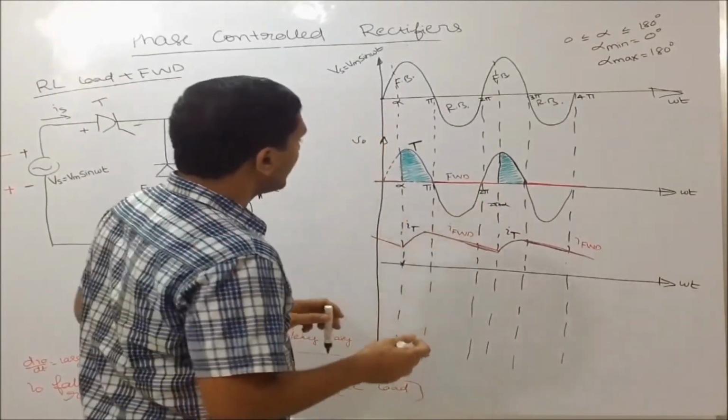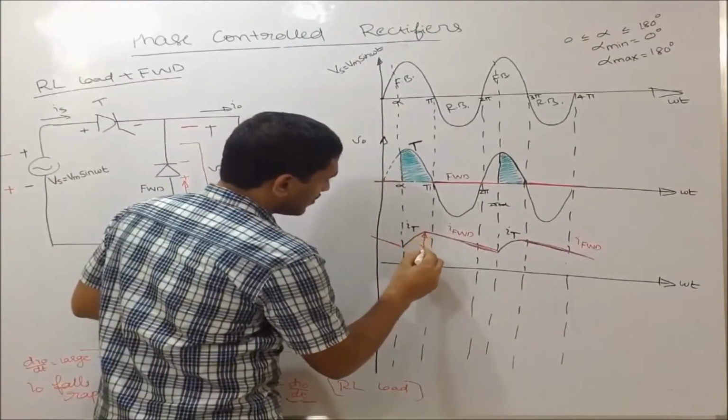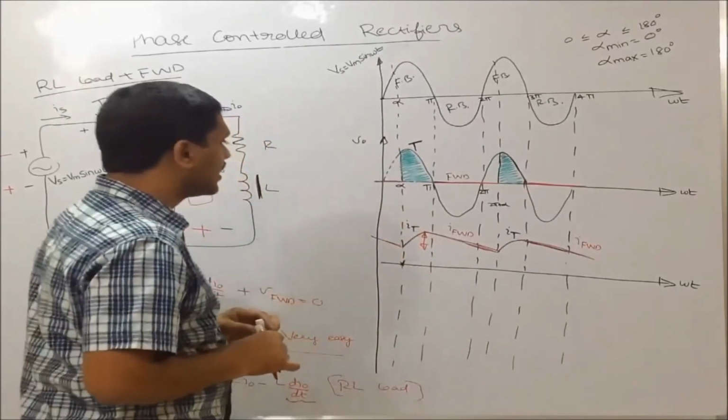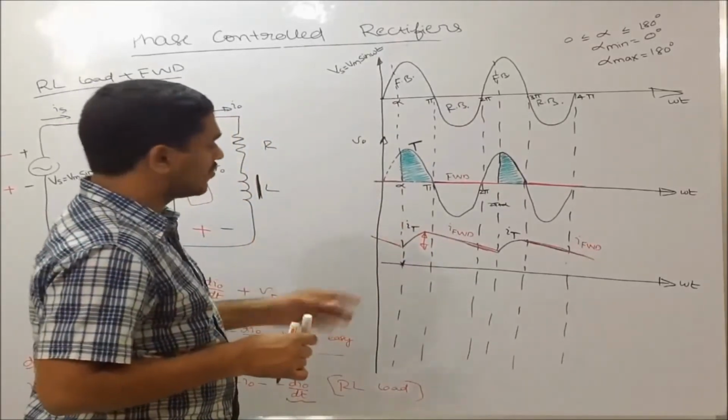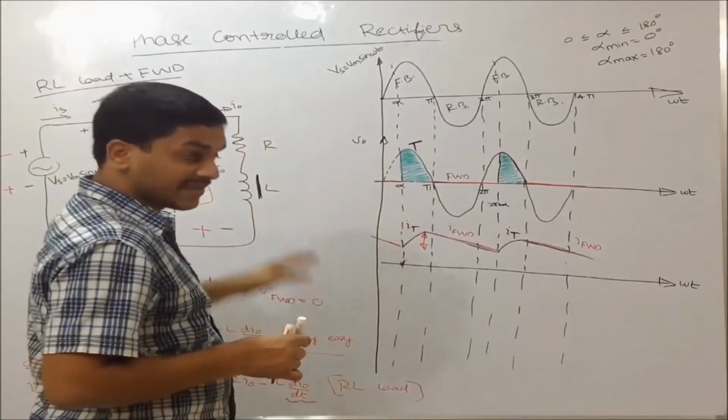The higher the value of inductance, the ripple will decrease. If I want less ripple, I can put more inductance for a given resistance.